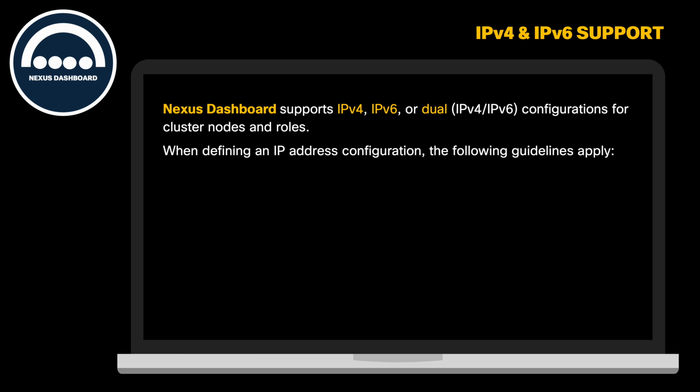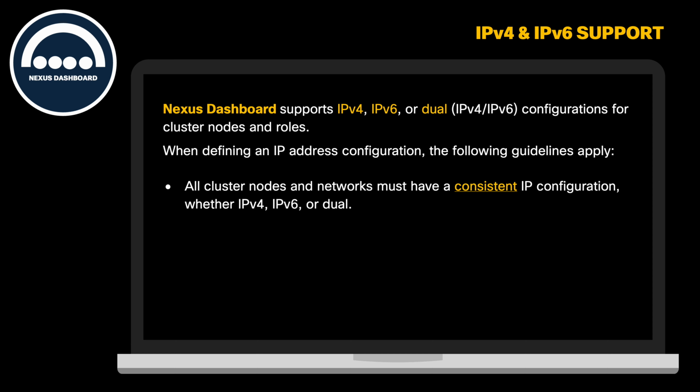Nexus Dashboard supports IPv4, IPv6, or dual IPv4 and IPv6 configurations for cluster nodes and roles. When defining an IP address configuration, the following guidelines apply. All cluster nodes and networks must have a consistent IP configuration, whether IPv4, IPv6, or dual.